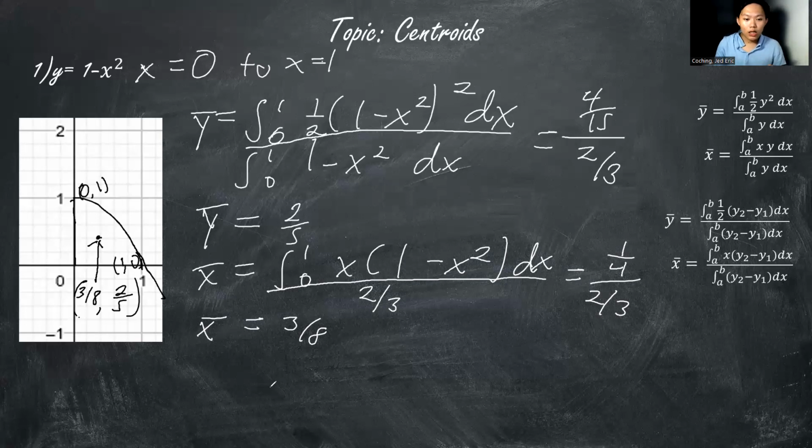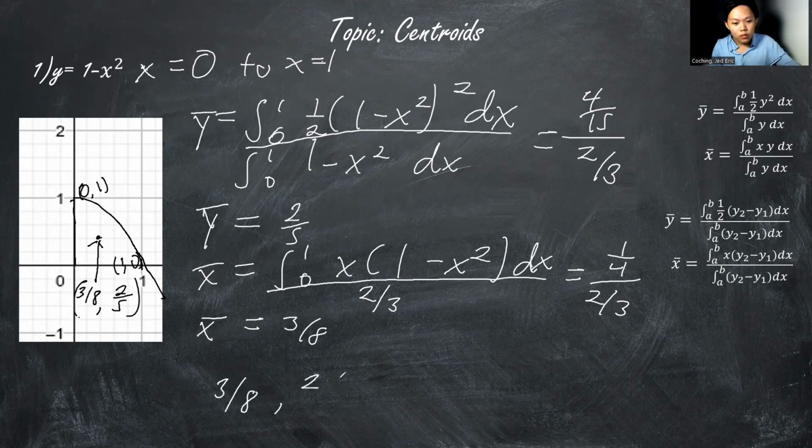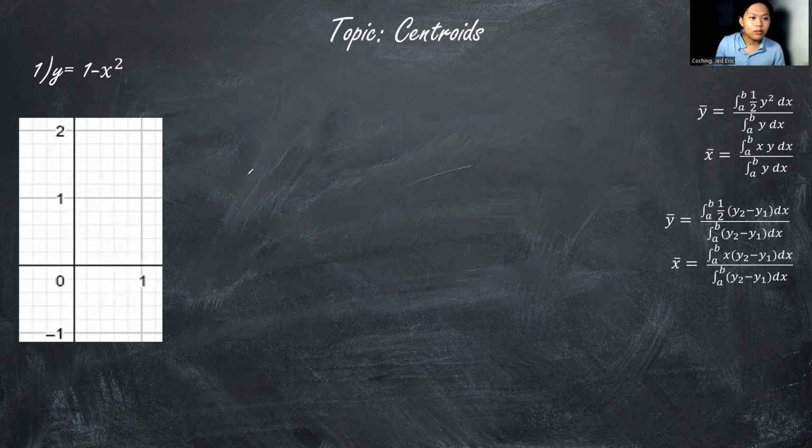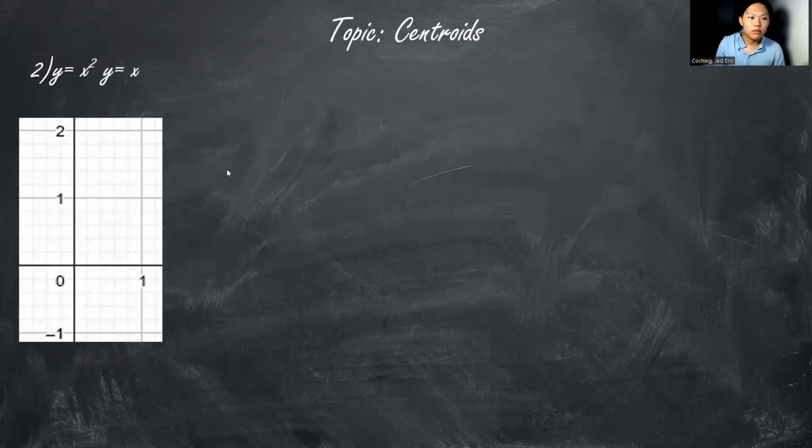As we already have our answer, let's just finalize it. The answer here is 3/8 and 2/5. These are the coordinates of our centroid. So okay, let's clear this out and move on to our last problem.